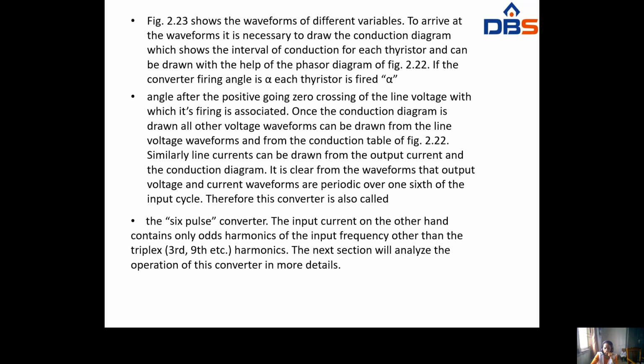So the figure shows the waveforms. To arrive at the waveforms of different variables, it is necessary to draw the conduction diagram, which shows the interval of conduction for each thyristor.